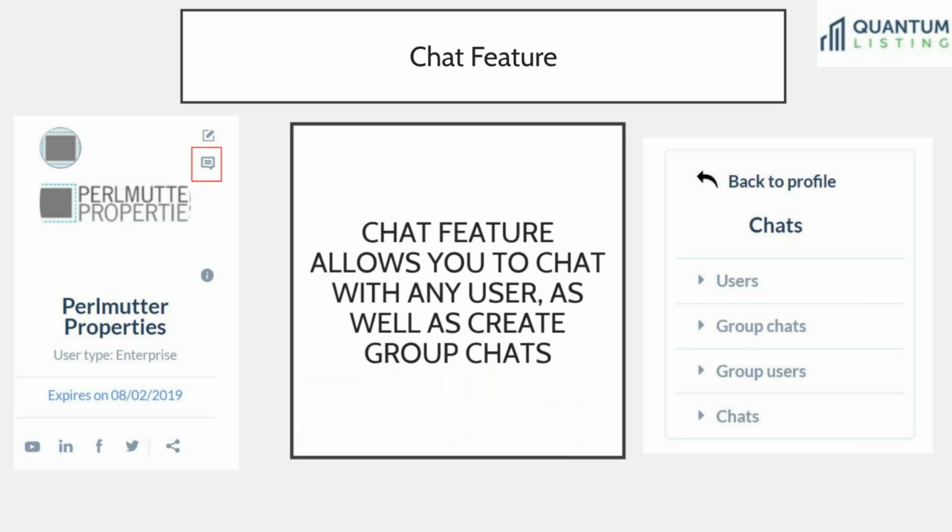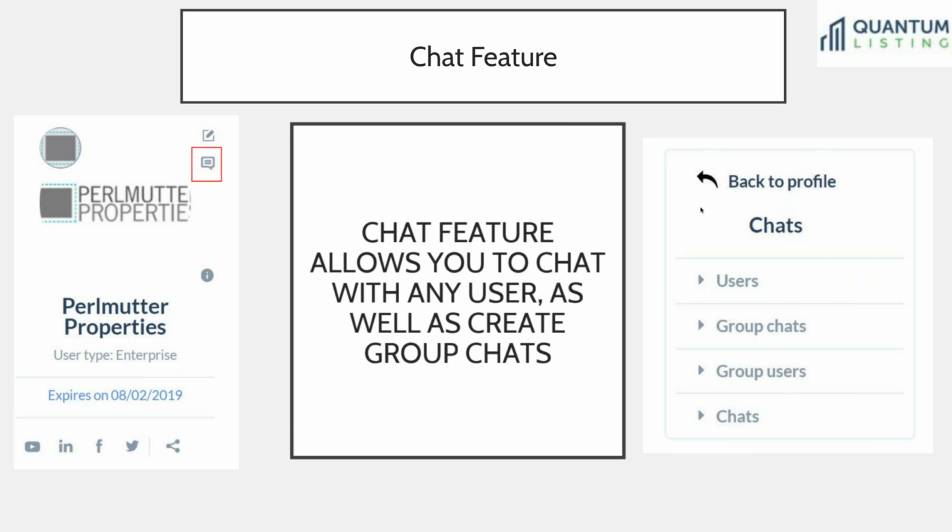Chat features. The chat is one of the great unsung features here on Quantum Listing. It allows you to chat with any individual user in what we call a peer-to-peer chat, and you can also participate in group chats with your groups. If you have a chat message waiting for you, you'll see this little icon here lit up green.